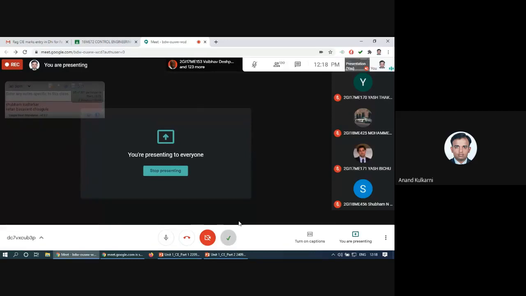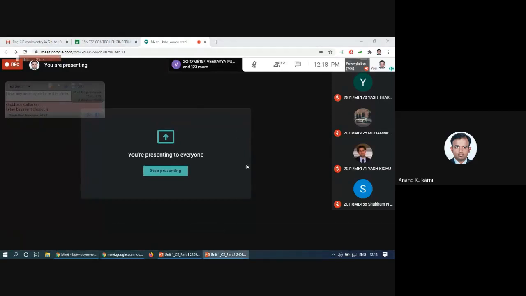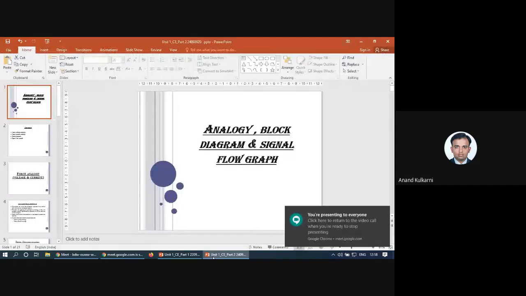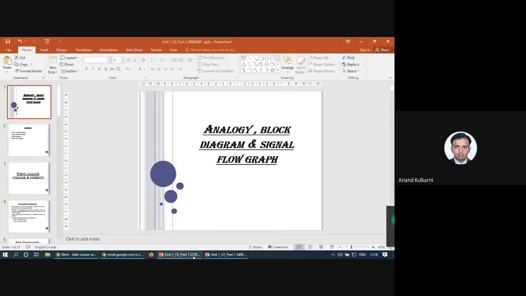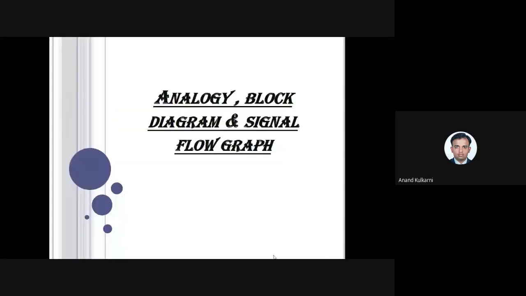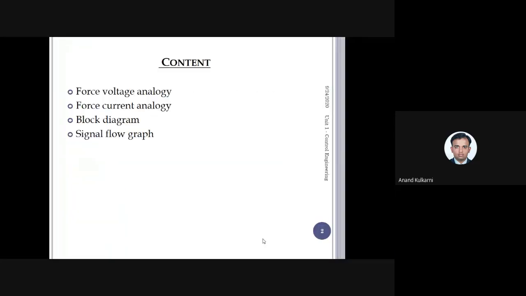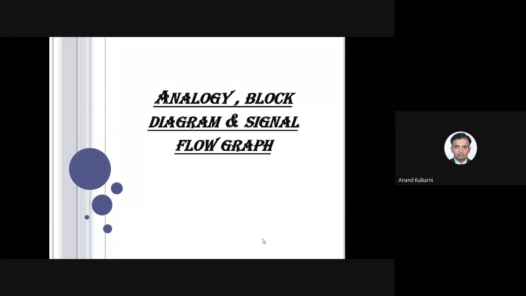Got it. Okay. Now, having understood this, we'll go to the next part of unit number 1, that is analogous systems. That is analogy. Now, what is analogy? What are we going to study here?